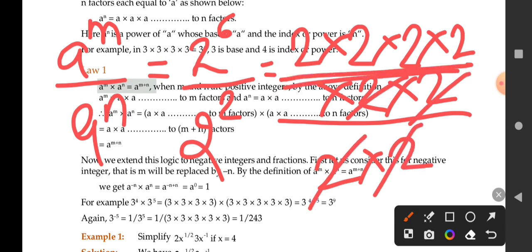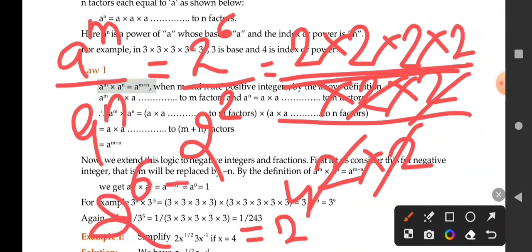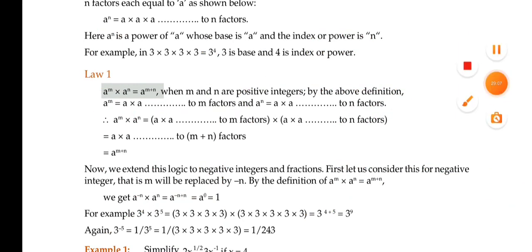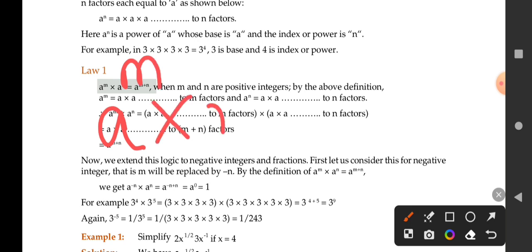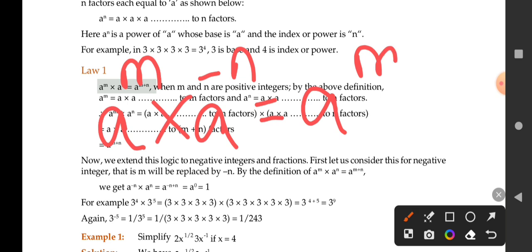So you get 2 power 4, which is actually 2 power 6 minus 2. So what do you actually get? You get a power m into a power minus n is equal to a power m minus n.